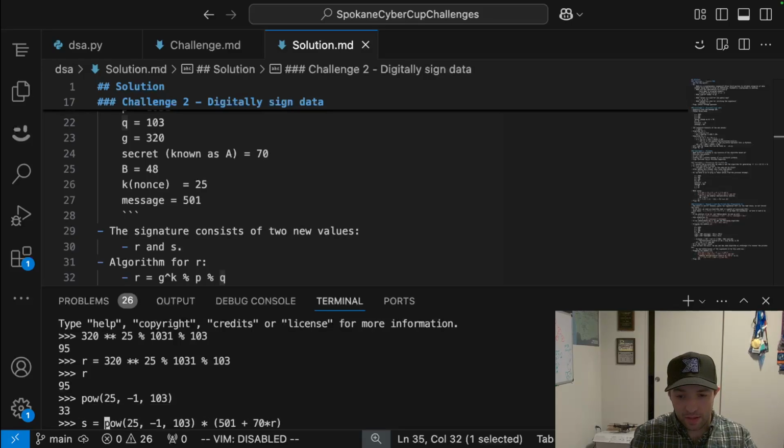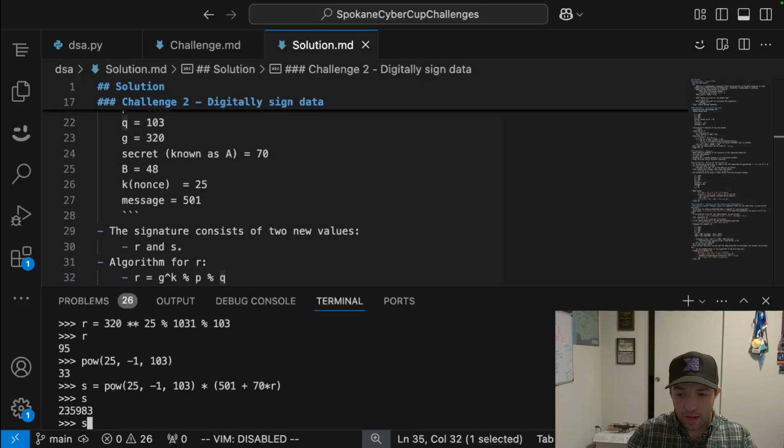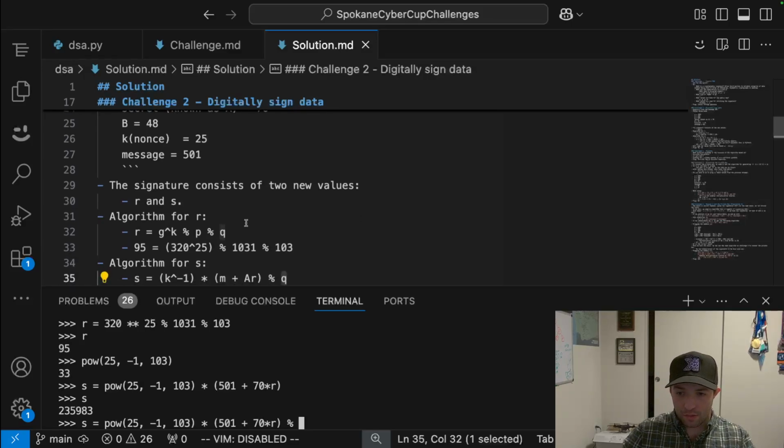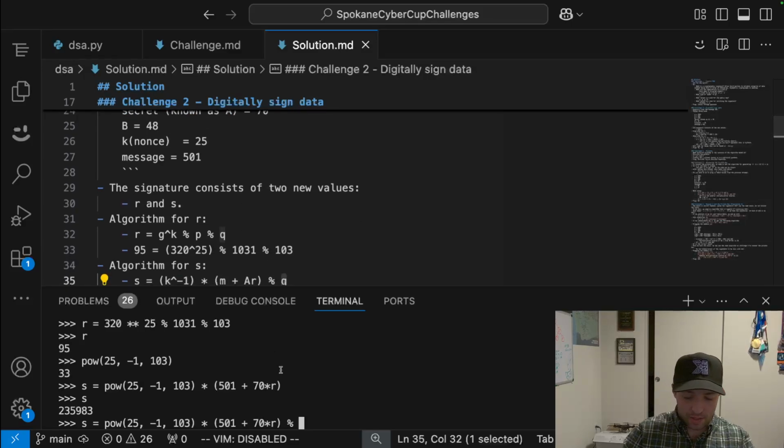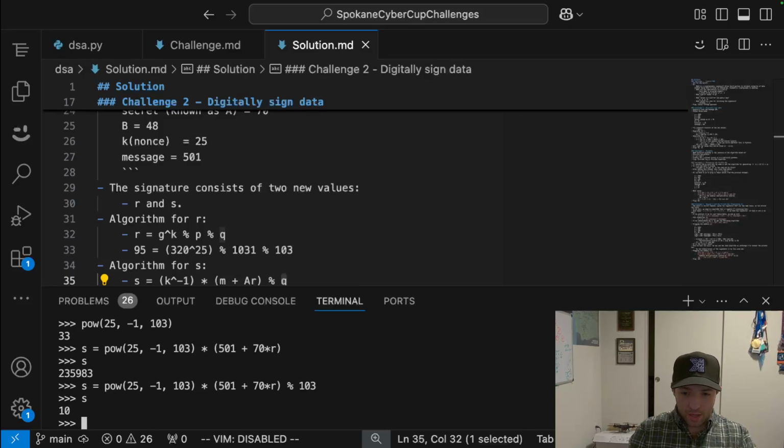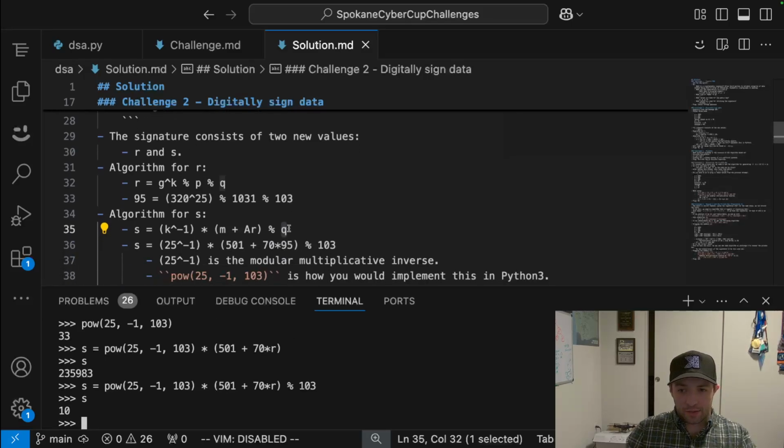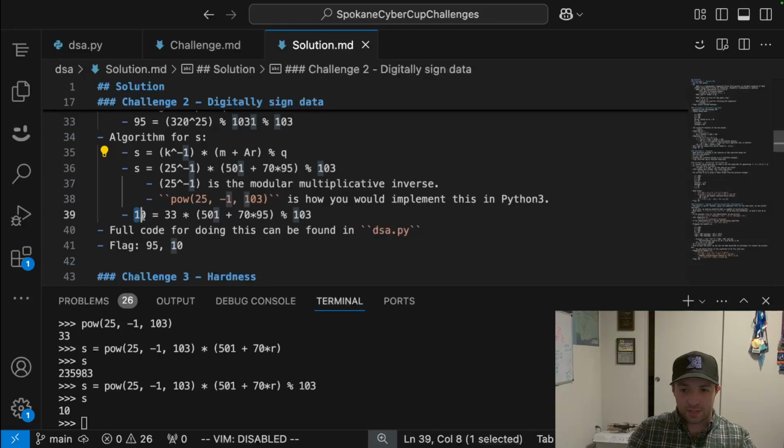So in theory, that is our S value. And I think I forgot to do the modulo of that, not the modular multiplicative inverse. So I forgot to put this Q there, and the Q is 103. And I believe that is correct. So we have 95 and we have 10.